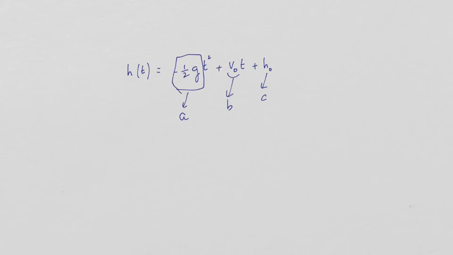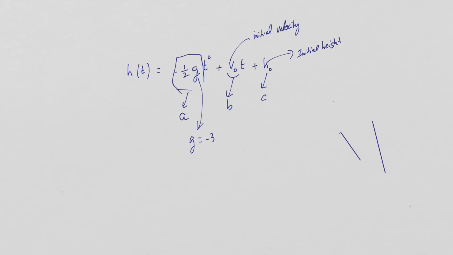Now V0 is just initial velocity, h0 is initial height, and this letter G is the gravitational force.